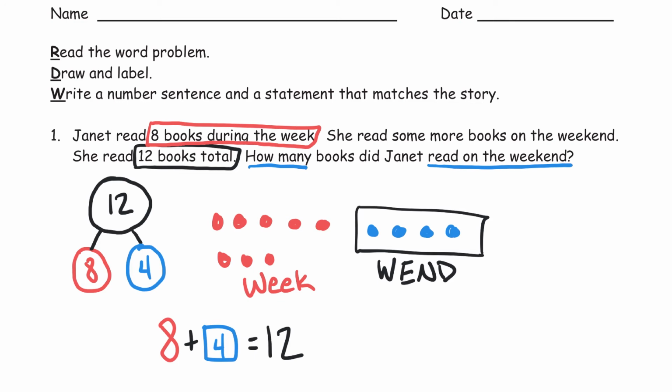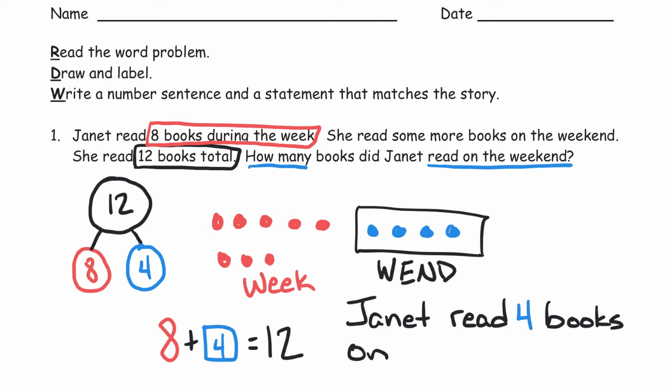And let's write that out. So Janet read, J-A-N-E-T, then read, R-E-A-D. She read 4 books on the weekend. So 4 books on the weekend.